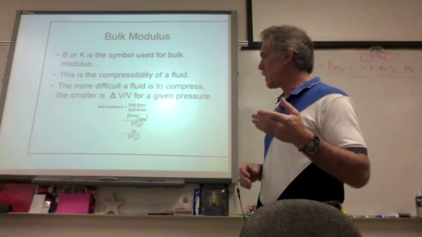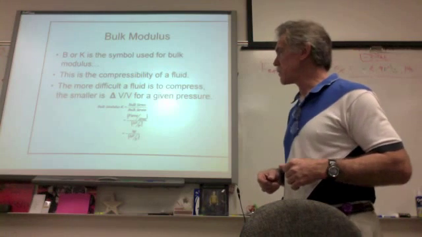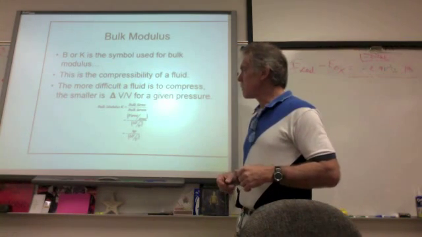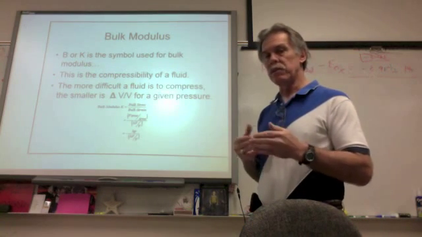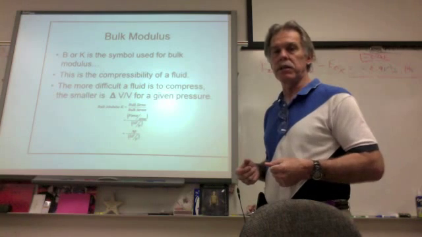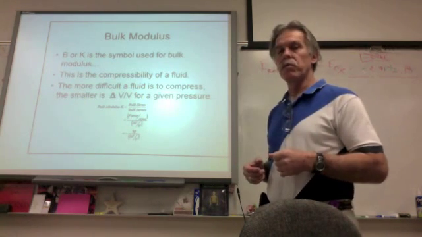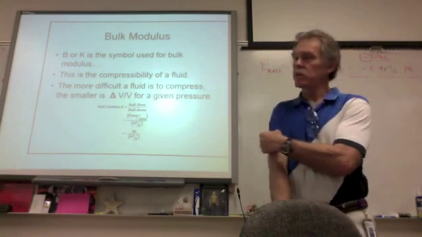And again, the force over area is basically delta P, the change in pressure. So the more difficult the fluid is to compress, the smaller the delta V over V. If it's 0, then you can't compress it at all. If it's a slight number, which usually is a very small number, then it is slightly compressible.